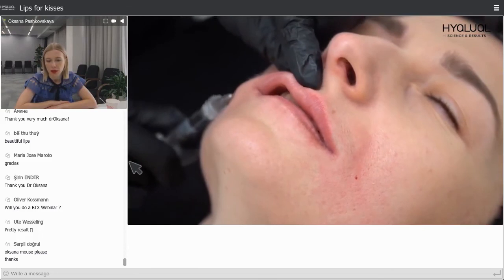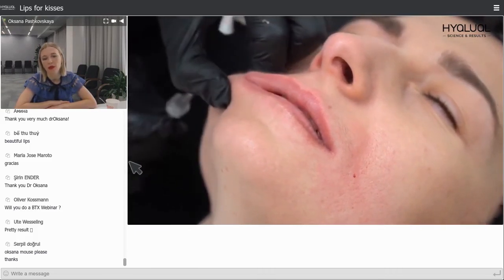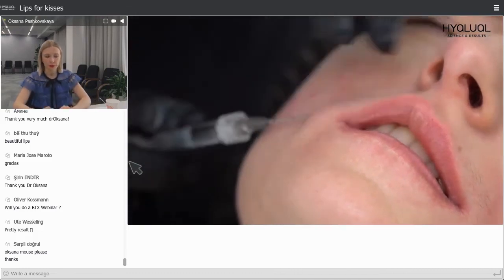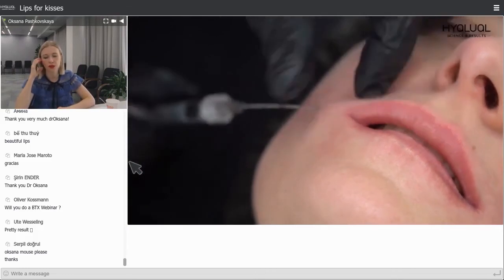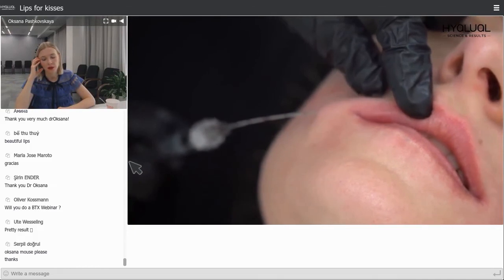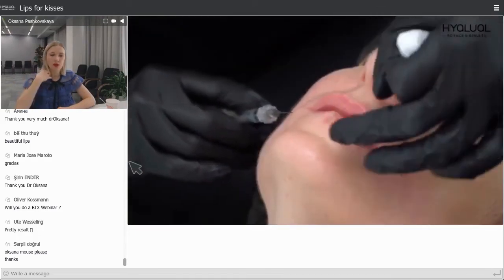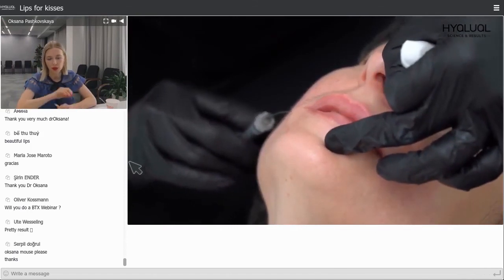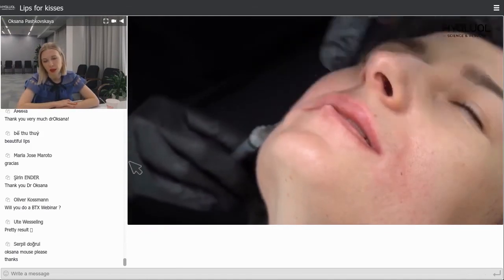It's not hard or complicated to do the same, but pay attention to the anesthetics. You should really clean the skin carefully, and it's very, very important to use good anesthetics. And don't touch the skin with your cannula while you are injecting.